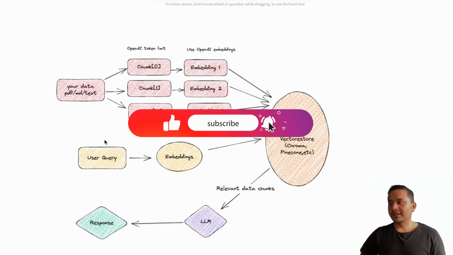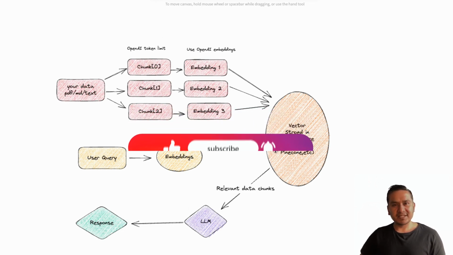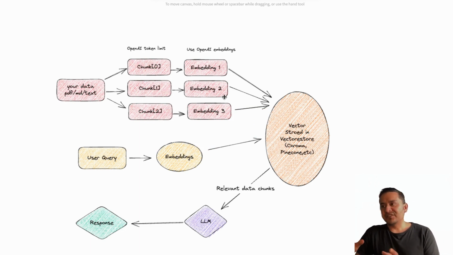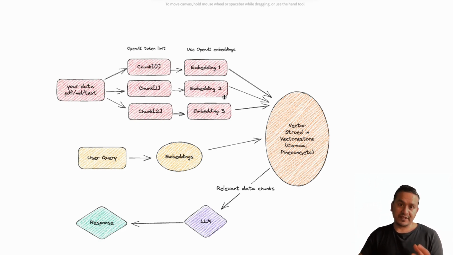Although this seems quite complicated when you see it at a high level, with the help of LangChain you can actually achieve these things easily. And now you are not restricted only to PDF or tabular data or different things. You can have different kinds of file formats.